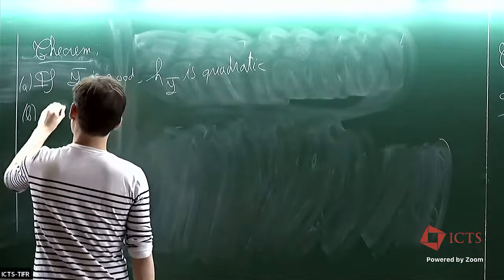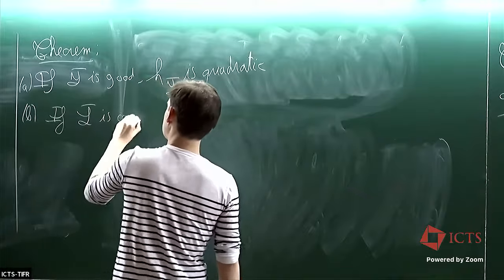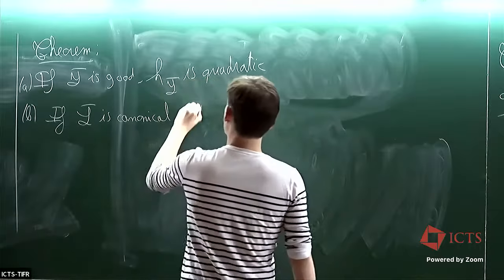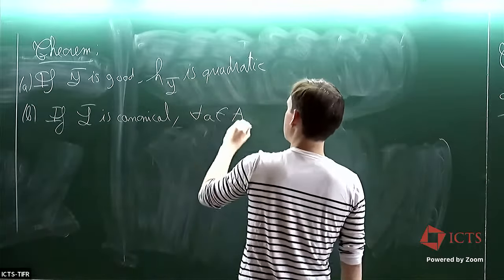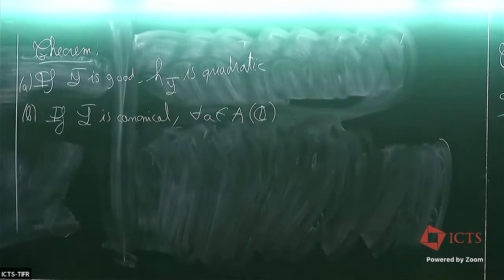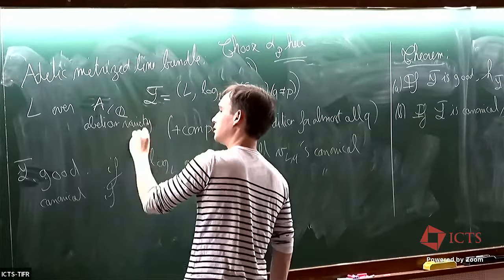Second thing, if L bar is canonical, for all A in A of Q, so here, of course, this makes sense only over, I can take here an abelian variety, be sure, even though it exists in other contexts.